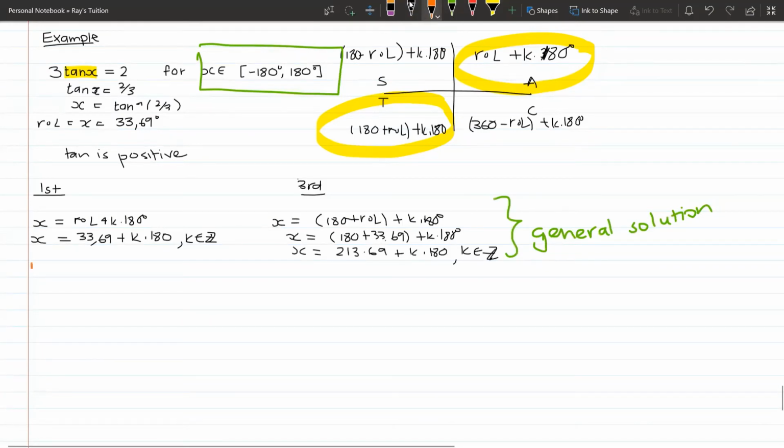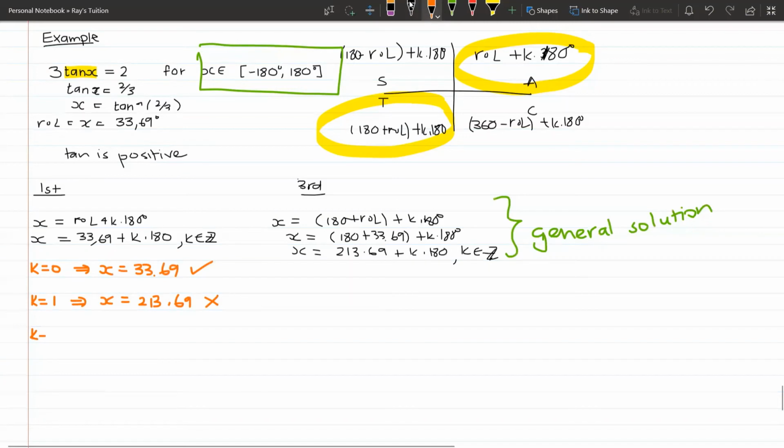For the first one, I'm going to substitute k is equal to 0. If we substitute k is equal to 0, we get x is equal to 33.69, which does lie between that interval, so that means it is a solution. I'm going to substitute k is equal to 1, and then we get that x is equal to 213.69, which you can clearly see does not lie in the interval, so that's not a solution.